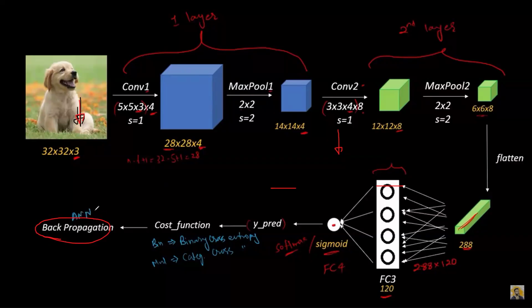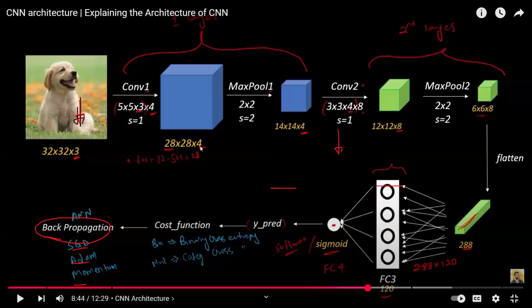And we can use here any backpropagation algorithm, for example, stochastic gradient descent, or gradient descent with Adam, or gradient descent with momentum, etc. So this is how the complete architecture of the CNN looks like. This is what we are going to build now in the other half of the session.